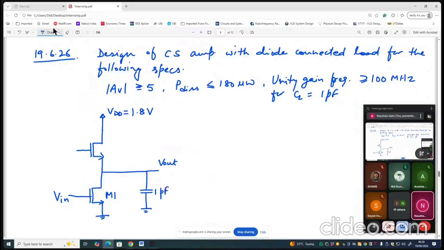So where shall I connect the gate of M2? In place of M2, we had resistance in the common source amplifier with resistive load. So there the load was resistance. Here we want to use a diode connected MOSFET as a load. So where shall this gate be connected to realize a diode connected MOSFET?